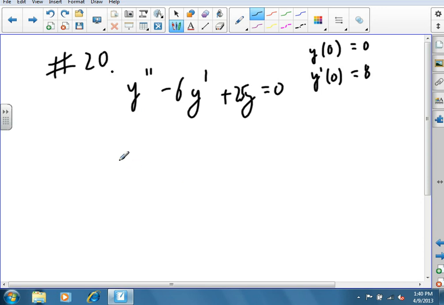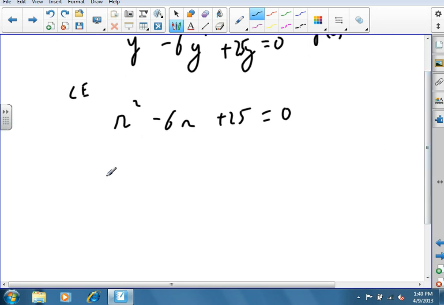Alright, so I have a characteristic equation, and m, are we using m's or r's? I forget. R's. Doesn't matter. R squared minus 6r plus 25 is 0, and I go to factor that, and that's not factoring very well, is it?